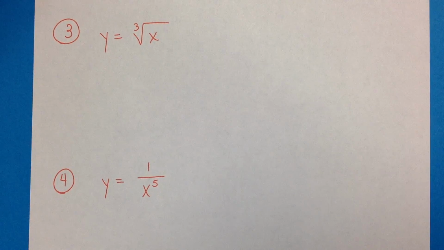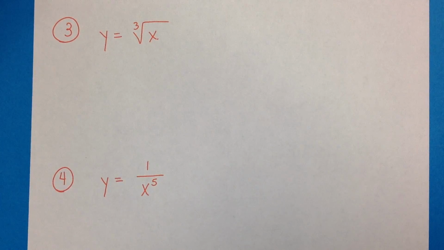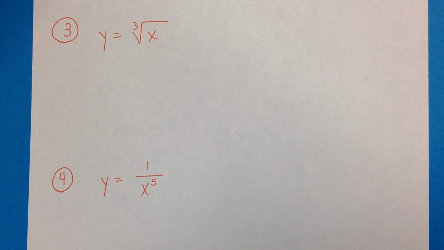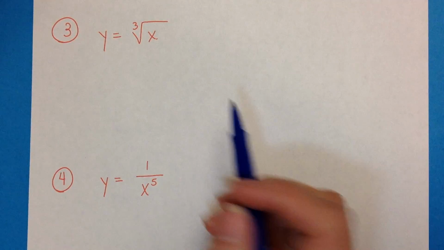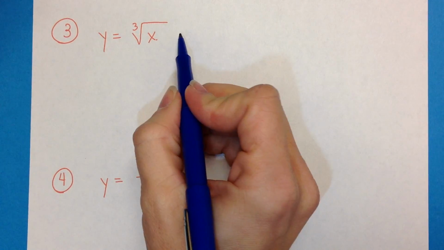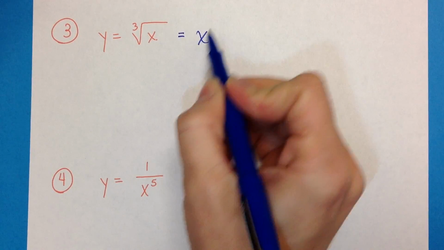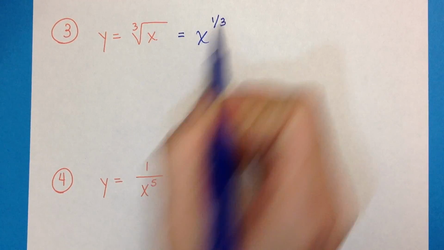Alright, the problems we're going to look at over these two is actually going to be power rule, but the way that they're written, it does not look like the problem we just finished that we used the power rule on. Sometimes you have to rewrite the problem in order to be able to use a certain derivative. And in this case, what you would want to do is rewrite this as x to the 1/3 power.